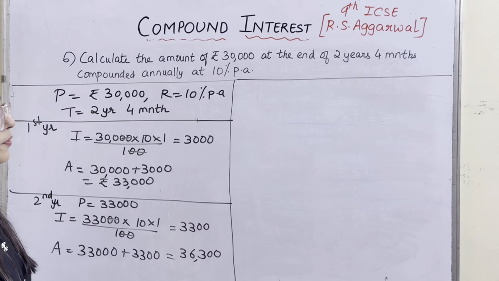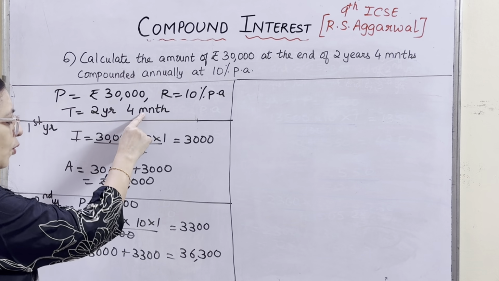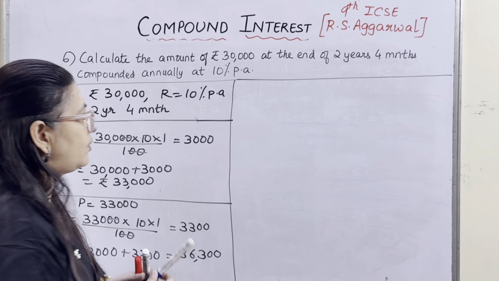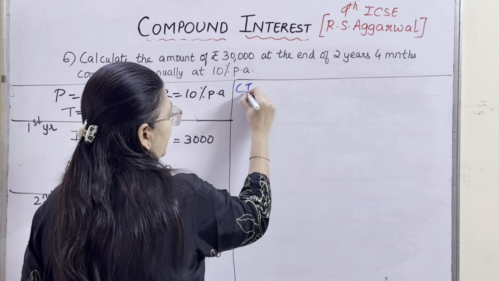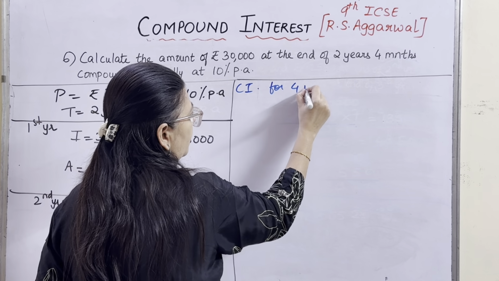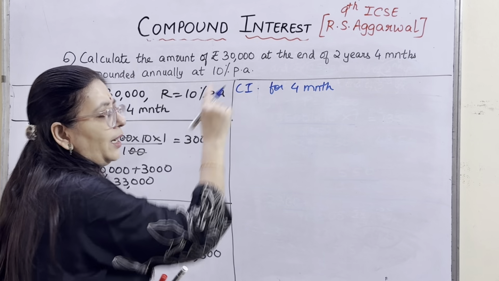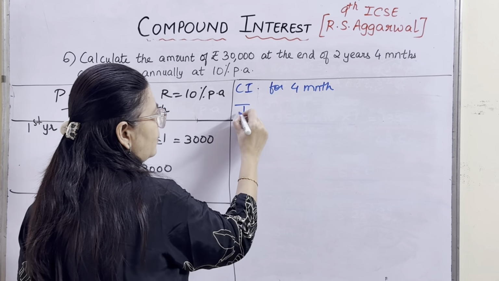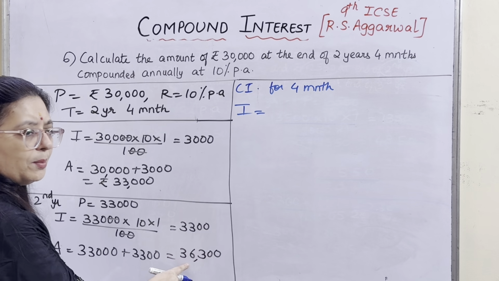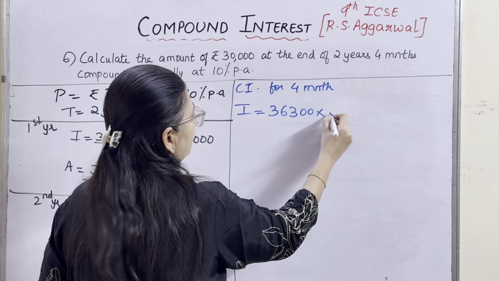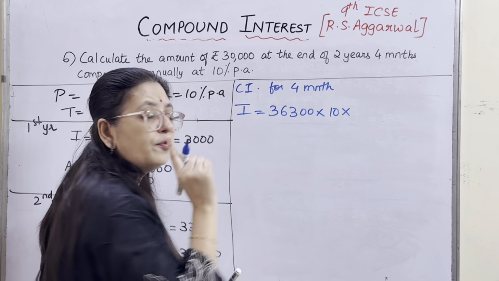Now you have to find for 2 years 4 months. Okay, now we have to calculate for 4 months. So compound interest for 4 months. Always interest is calculated per annum. Okay, so I is equal to P. What would the P be? 36,300. Rate is 10% into 4 months.